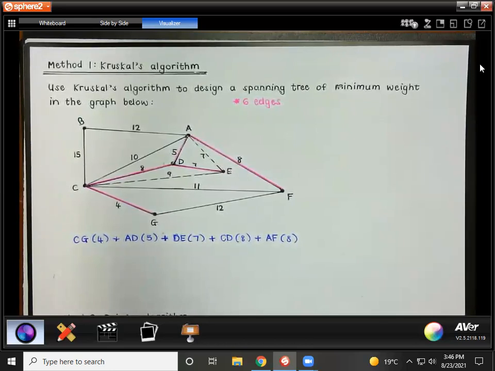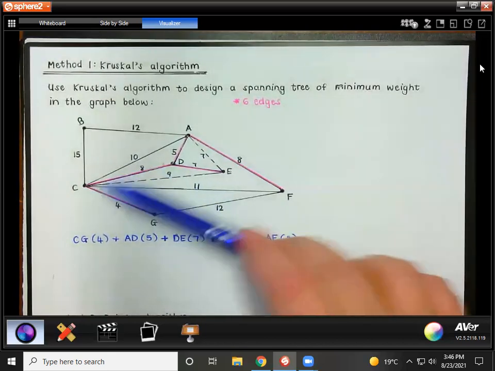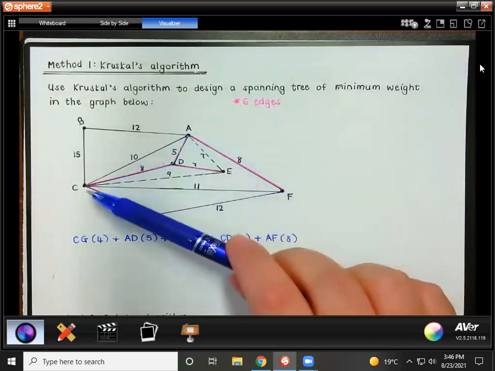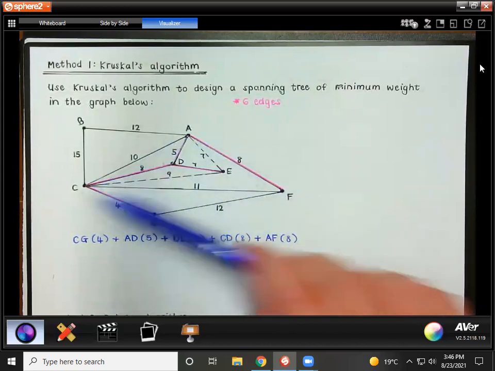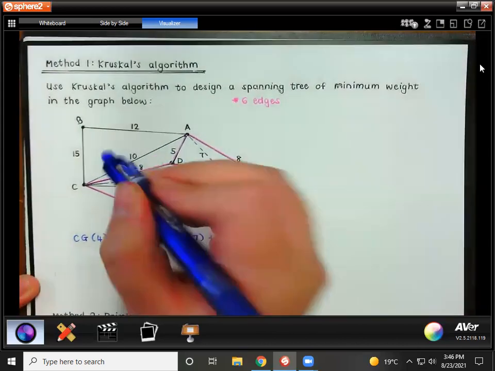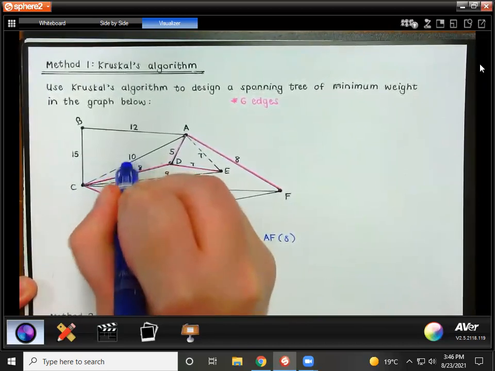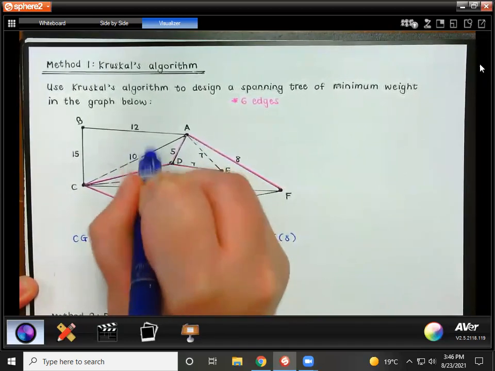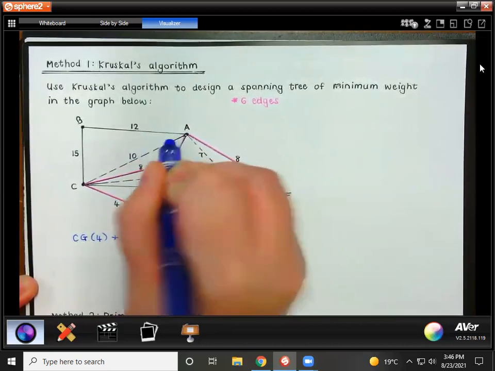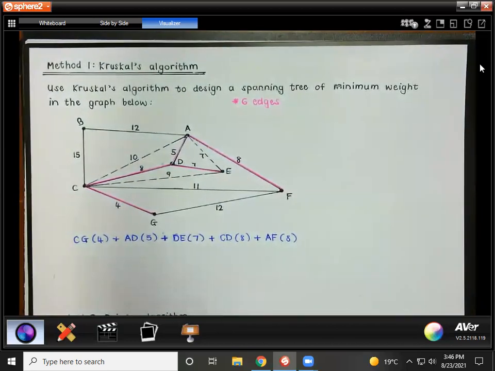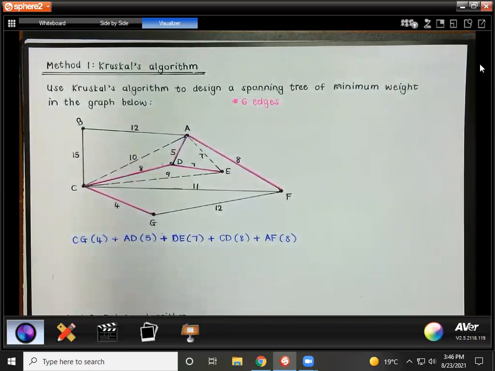The next one would be 10, AC. Is that going to create a circuit? Yes. So we're not going to connect that one. You can just connect the ones that are supposed to be connected. Don't worry about the erasing. Next one would be 11.